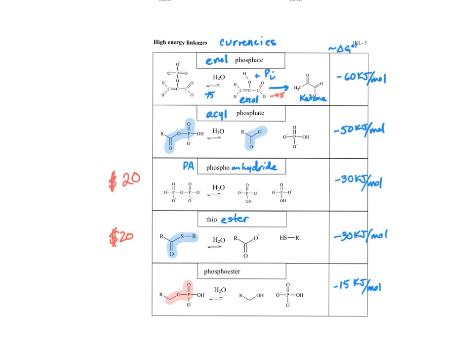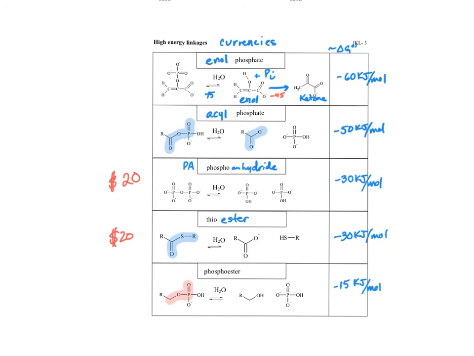And then we have to recognize that we can flip this page left to right, and we can go backwards. For instance, we can take a phosphate and an alcohol, take away a water, and generate a phosphoester. And in that case, we end up with the reverse delta G naught prime of, remember, plus 15 kilojoules per mole to go backwards.